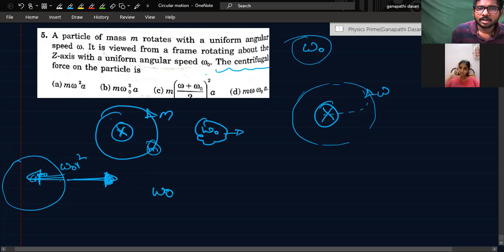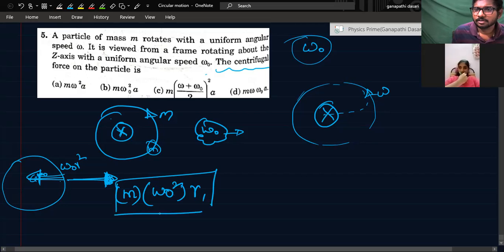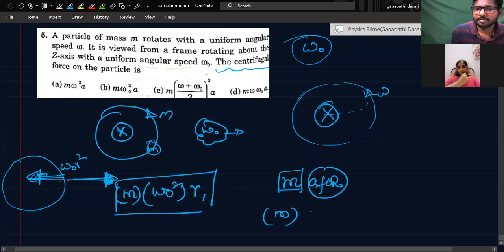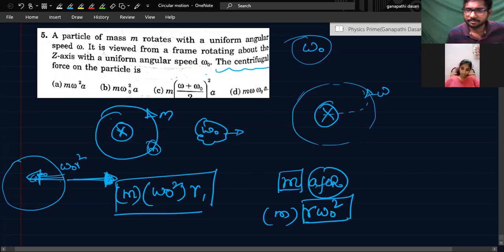It is m, mass of the object, into omega naught square into r. Did you get this? Mass of the object into acceleration of the frame of reference. Mass of the object is m. Acceleration of the frame of reference is how much? r omega naught square. The frame of reference is rotating with the uniform angular speed omega naught, right?